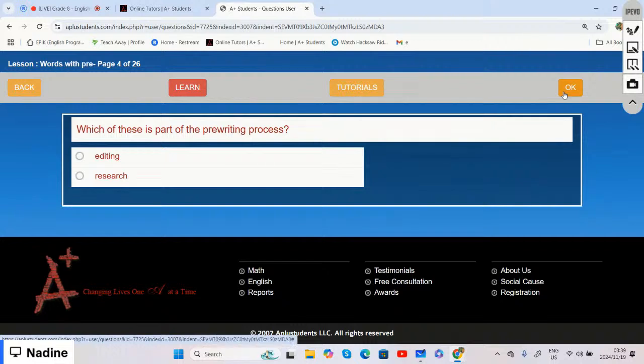The next one says, which of these is part of the pre-writing process before you write? Is it editing or research? Before you write, do you edit, option one, or do you research?